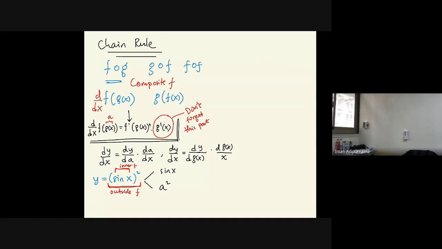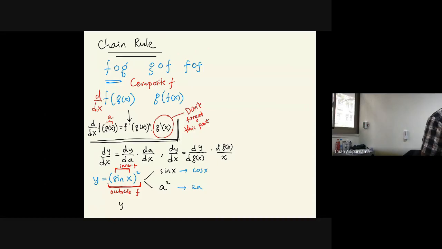But if you think the function is too complex or too complicated, then you can take each function, try to find each derivative, and then combine at the end. You can view it in several ways to solve. For example, here this becomes cos x, and this becomes 2a.